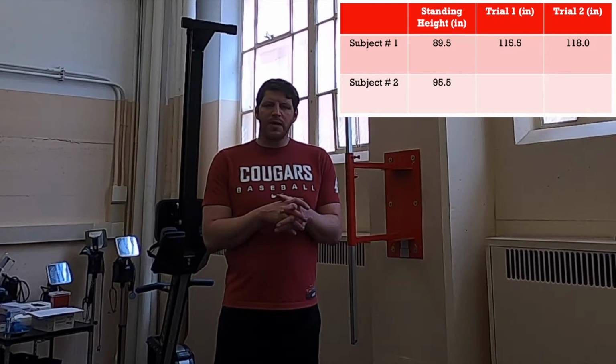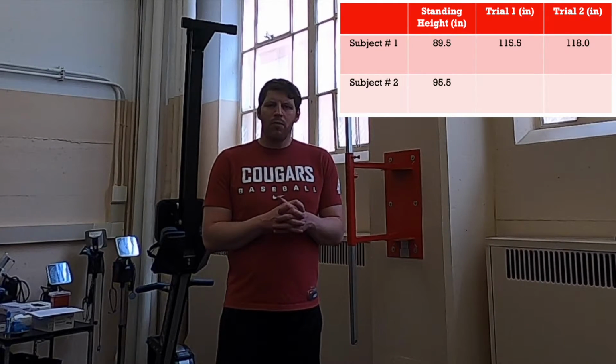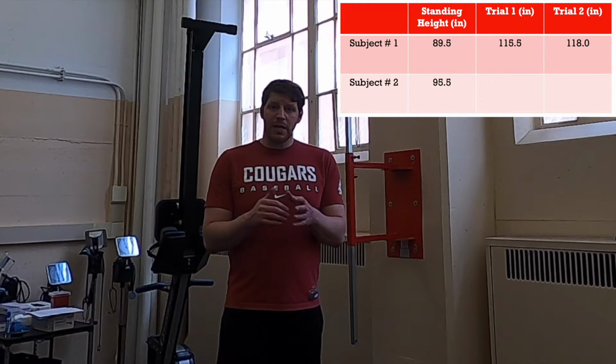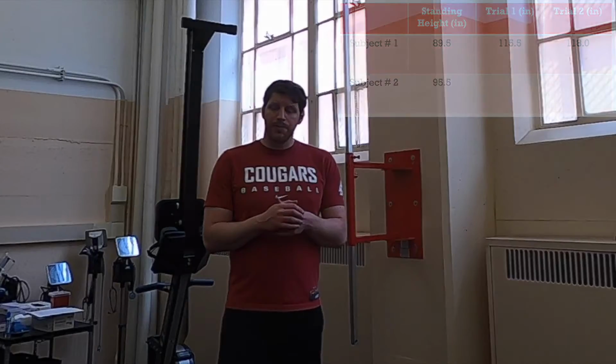We have one 15.5 and we have one 18 in inches. And as I mentioned, we'll take the difference for each of those with the standing height. And then we'll take the best jump height difference, and that is your vertical jump.